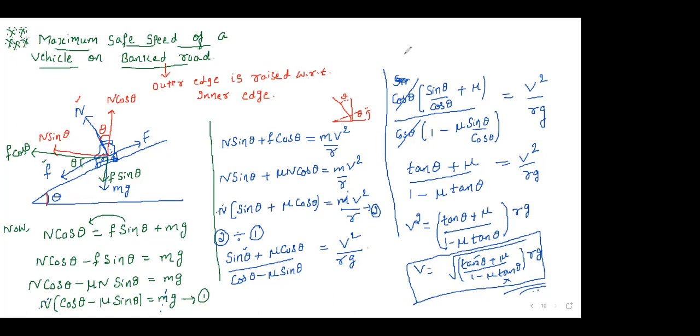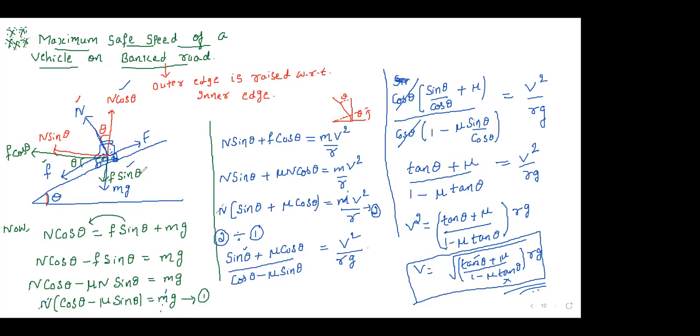Excuse me, sir. Yeah. Sir, how is n sin theta plus f cos theta equal to the centripetal force? No. That is what? If the vehicle is there, this n cos theta, which is going to act upward, is going to be balanced with a downward force.